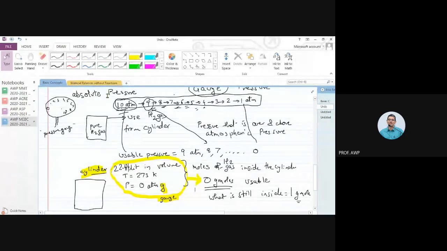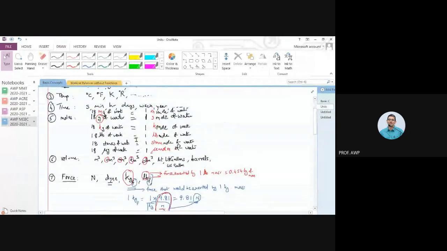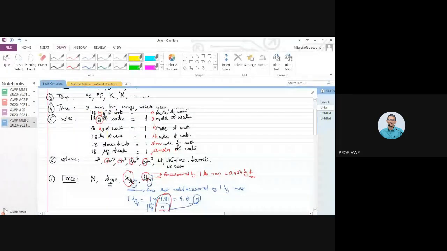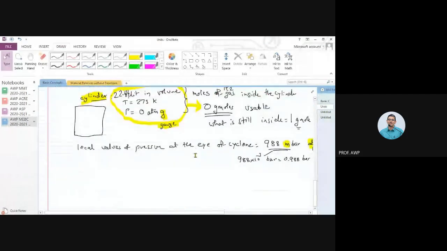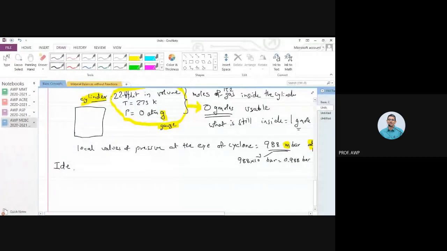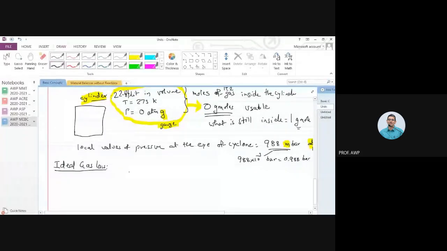Mole concept we have already seen last lecture when we converted mass into moles. So we have automatically used the ideal gas law, and we have used R, the universal gas constant.